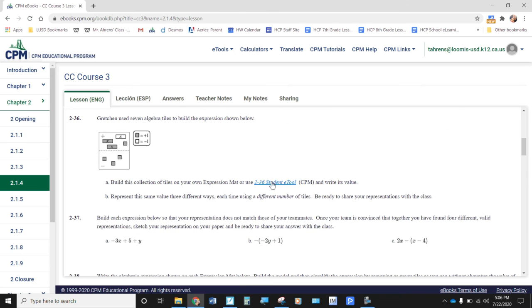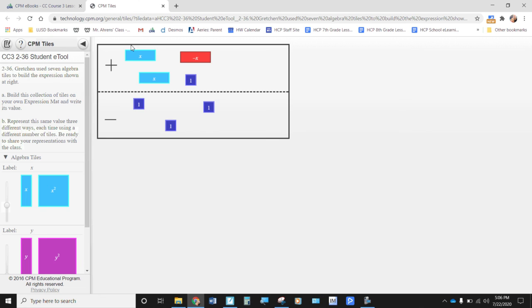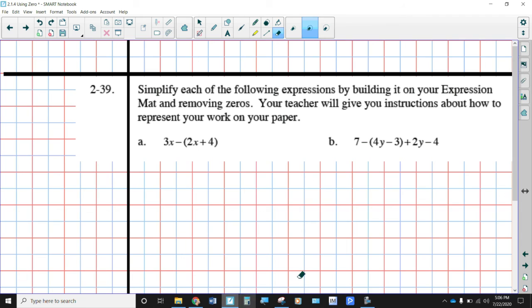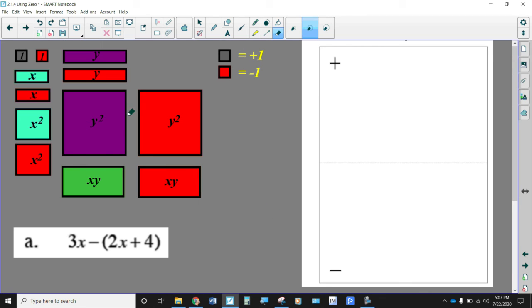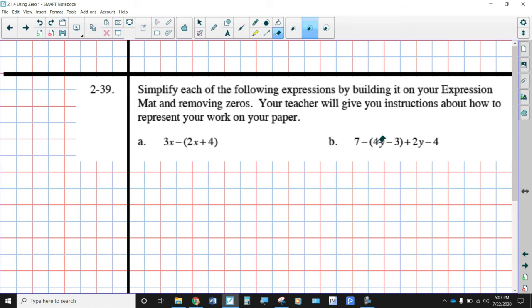So come up here, use the E tool from problem number 36, get rid of everything that was on there, and you can build them and make sure you draw them in your journal as you remove your zeros. And I'll do these here, okay? So go ahead and copy down these two expressions and then build them with the mats, draw pictures of them, and then find out where your zeros are and simplify everything from there, okay?